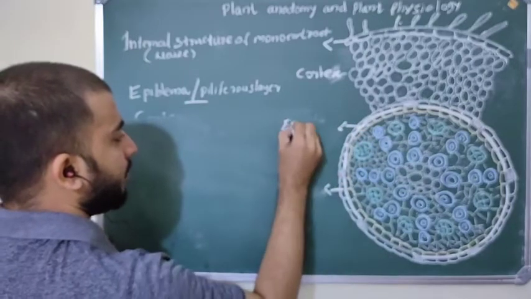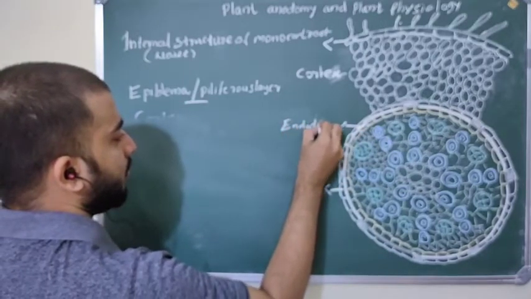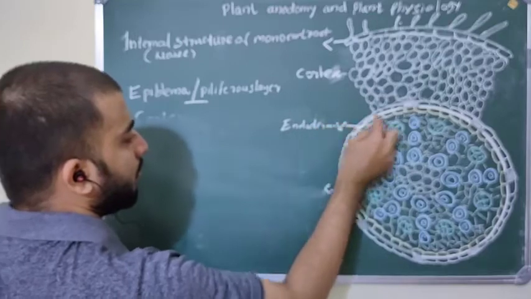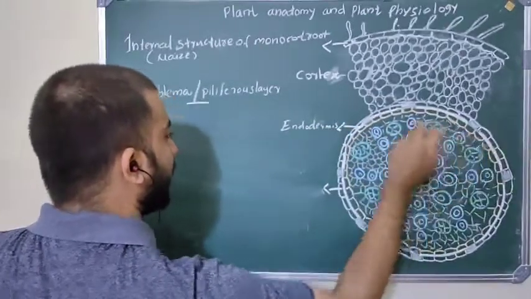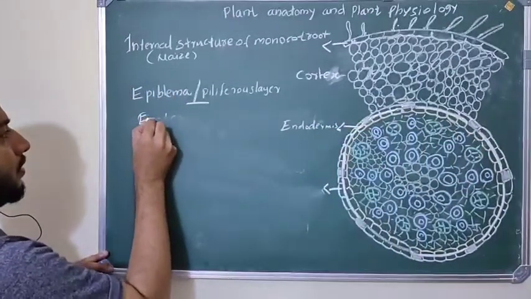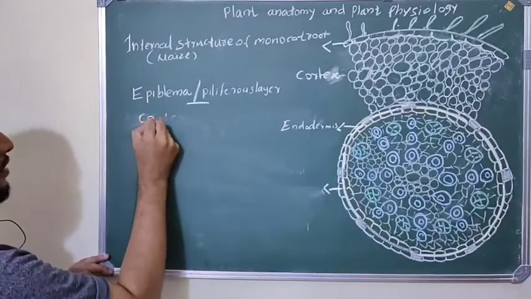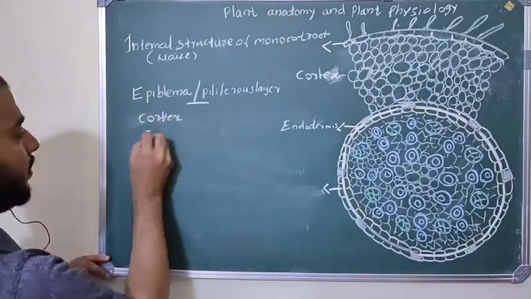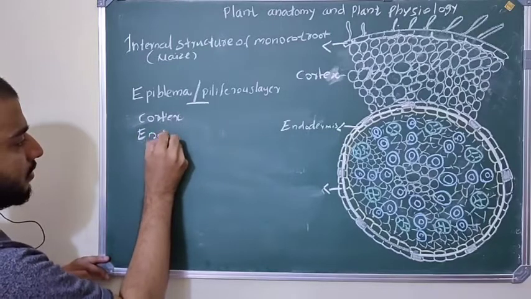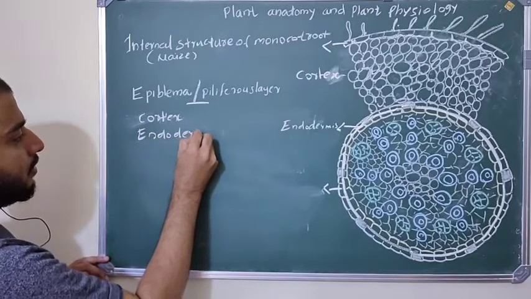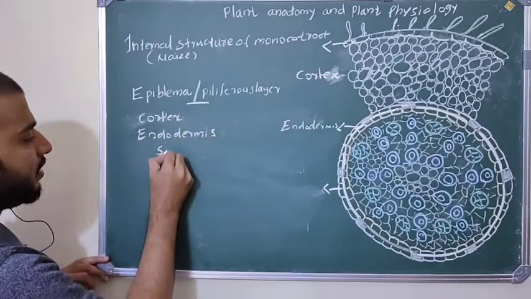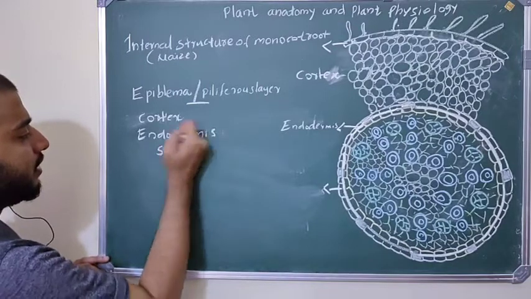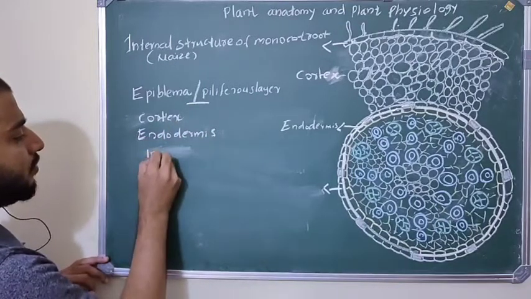This layer is called endodermis. Endodermis is a single layer, the innermost layer of the cortex.